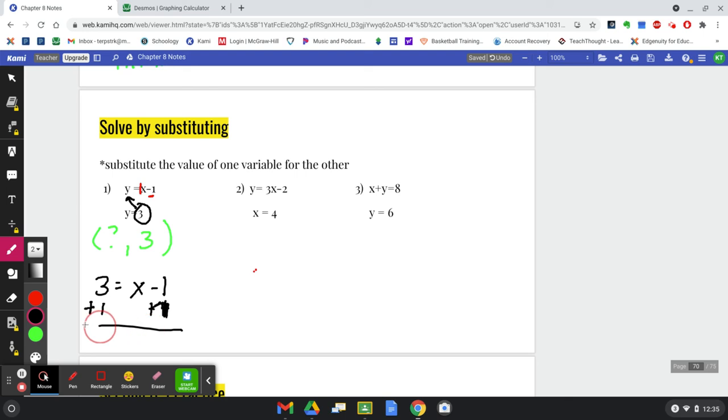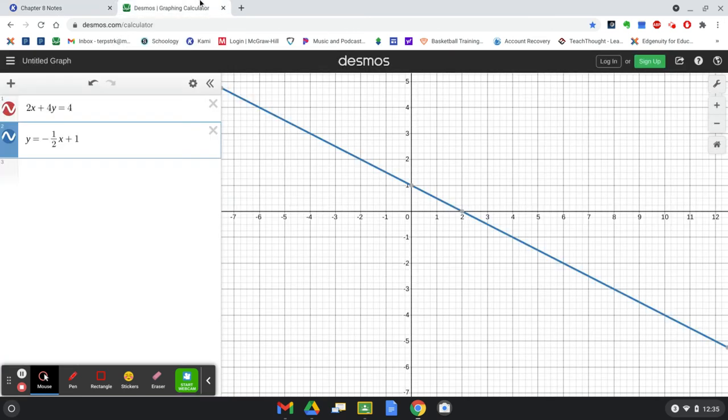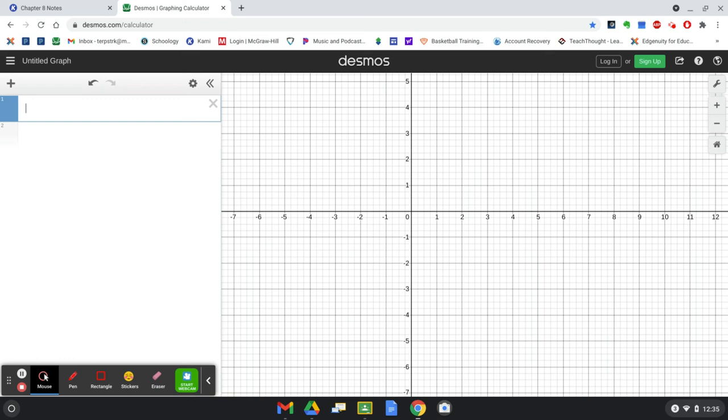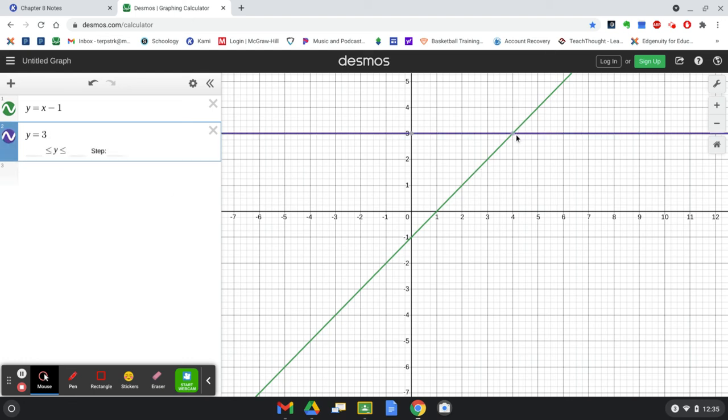Add 1 to both sides, we get 4 equals x. So the point (4, 3) is my solution. You could graph these as well, but I want you to know another method. So we had y equals x minus 1 and y equals 3, and if I hover, (4, 3) is my solution.